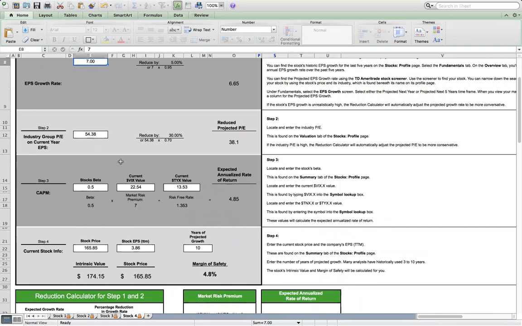trillion in margin of safety, 4.8% over the next 10 years for the intrinsic value. Somebody said, damn. I'm guessing you were hoping for a higher number for intrinsic value.